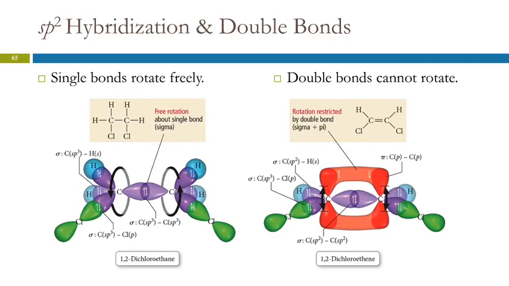Rotation about these bonds is different. In a single bond, you can get free rotation around this because as you're twisting this guy, this can just rotate. So that's a little bit like making a bond by sticking your index fingers together end to end. And you can turn this hand around and still have your fingers touching.